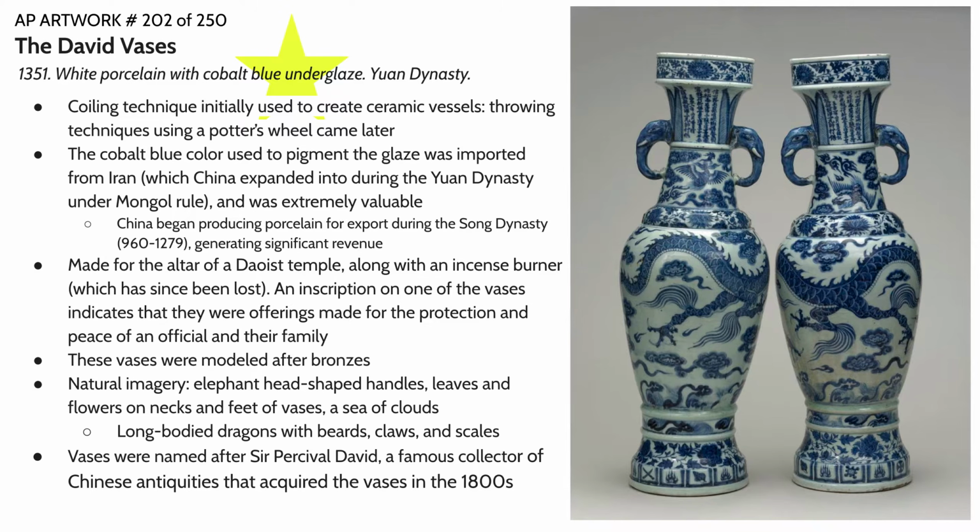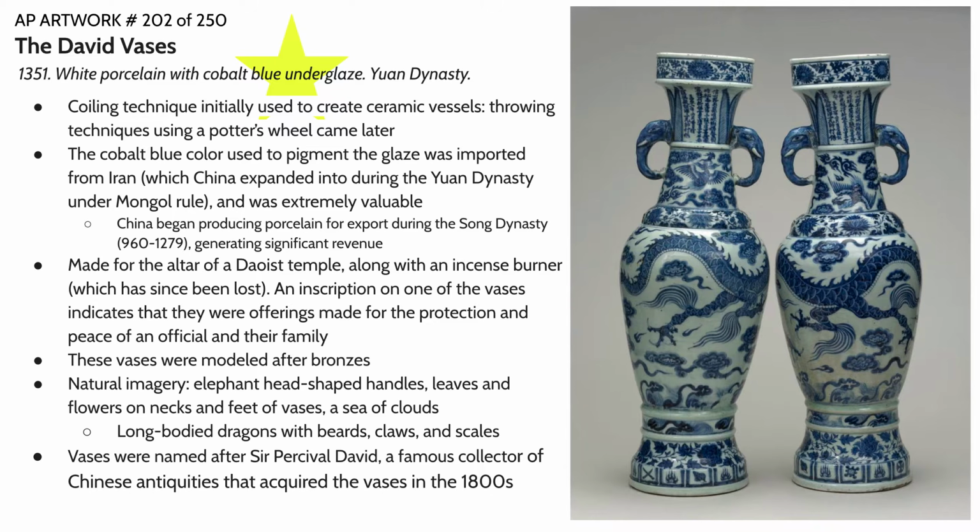One of the most notable things about this kind of porcelain pottery is this cobalt blue color. Cobalt blue was created from a pigment called cobalt, which at this point in time was imported from Iran. Keep in mind that this is around the 1300s.